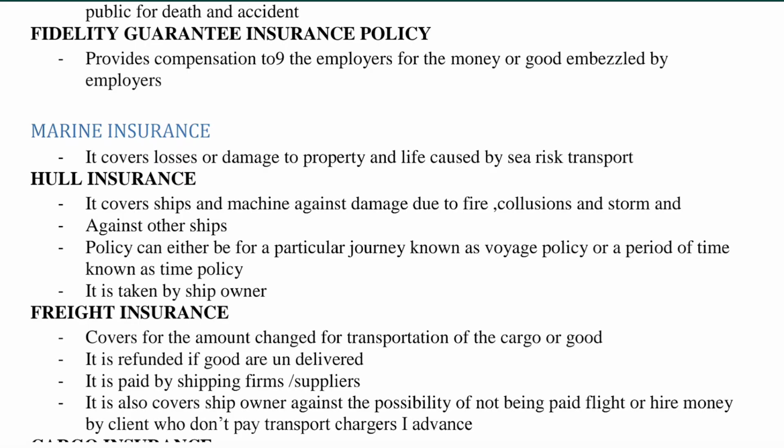It covers ships and machines against damage due to fire, collision, storm, and against other ships. The policy can either be for a particular journey, known as the voyage policy, or for a period of time, known as time policy. It is taken by ship owners.